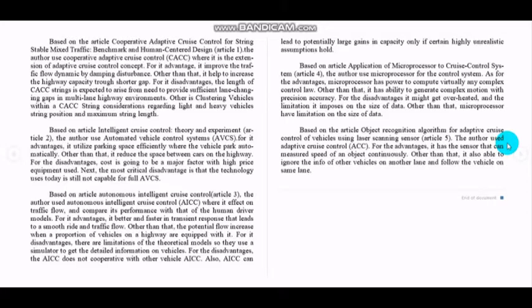For this adaptive cruise control, the advantage is that it has the sensor that can measure the speed of an object continuously so that it can detect the speed of surrounding vehicles. Other than that, it is also able to ignore the information of other vehicles on another lane and follow the vehicle on the same lane.